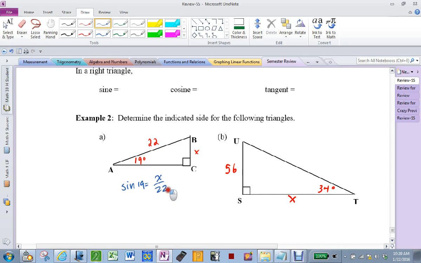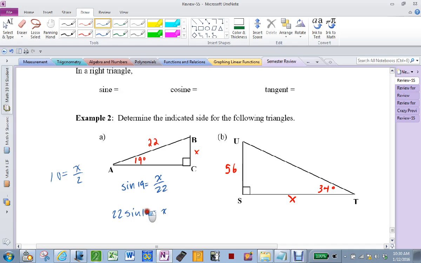If this was 10 equals x over 2, what would you do? You multiply by 2. So what are you going to do here? Multiply by 22. 22 sine 19 equals x.